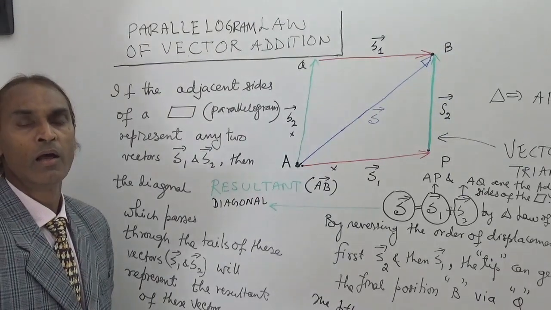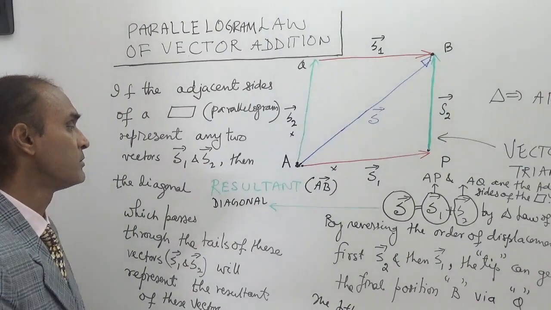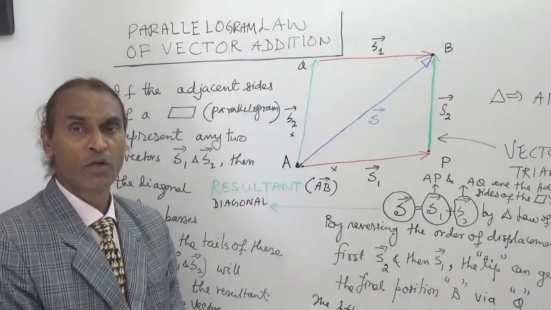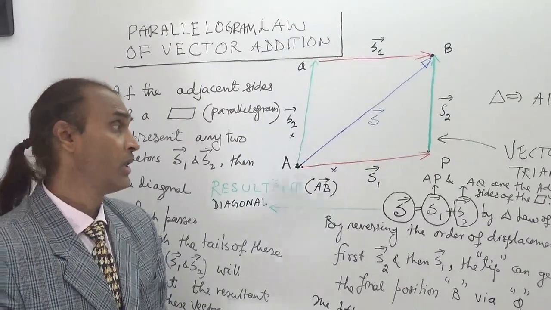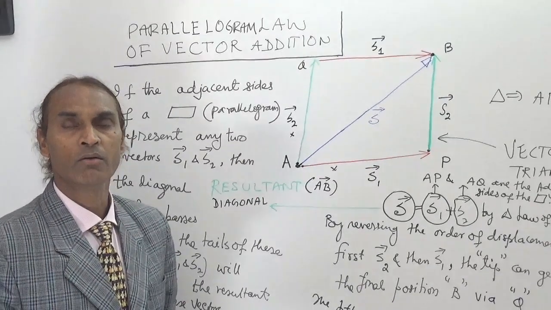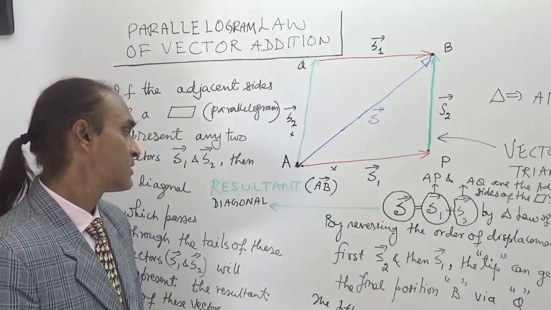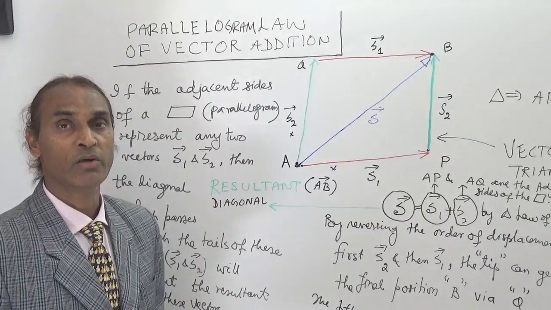This is one of the basic laws for vector addition. Without a proper understanding of the parallelogram law of vectors and the triangle law of vectors, we cannot proceed further. So if you can understand this, I think the entire physics will be enjoyable for you.